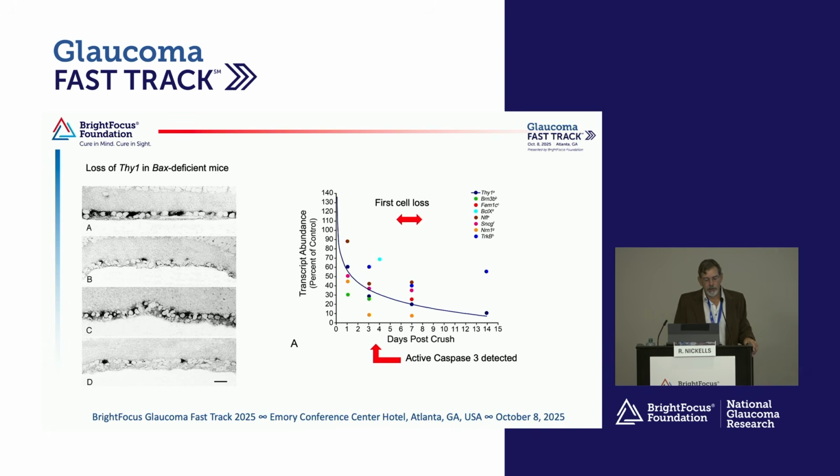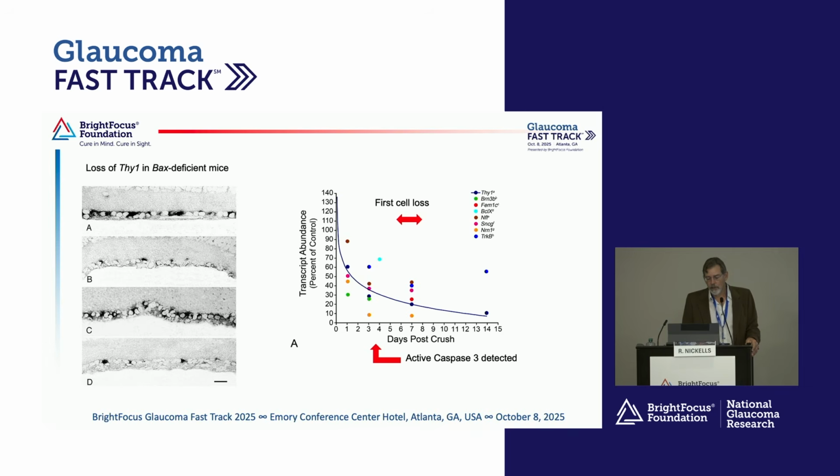But even in these mice that never lose a ganglion cell, you lose Thy1 message. And so this became an important aspect in how do you quantify ganglion cell loss. And using a ganglion cell specific marker may actually be inaccurate. Had we done that in our studies with Bax knockout mice, we would have concluded that ganglion cells die in Bax knockout mice.